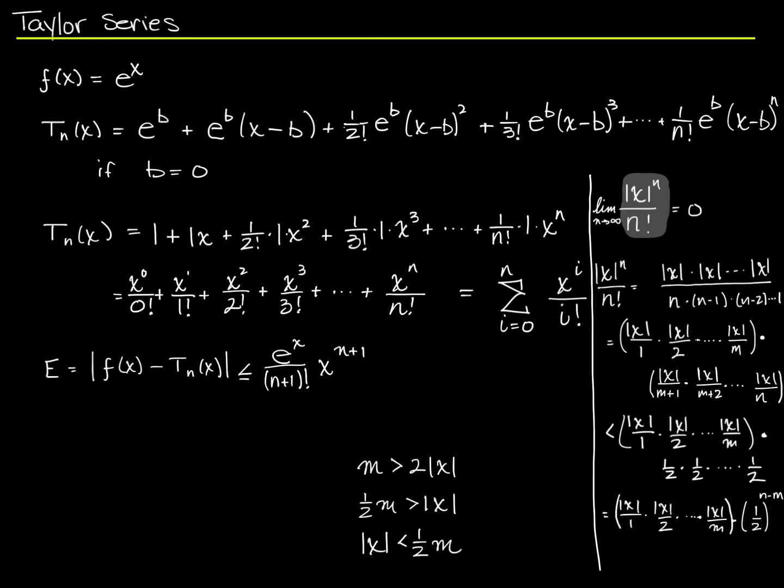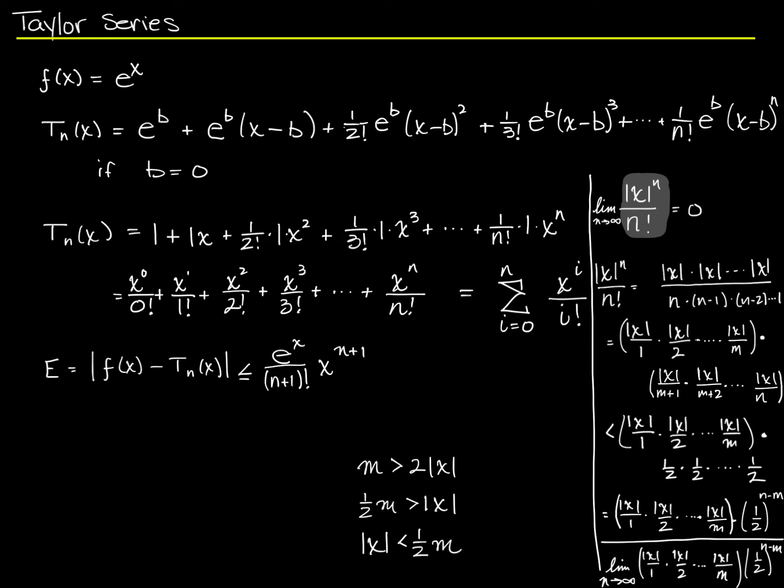So if I take the limit as n goes to infinity of x over 1 times x over 2 times x over m times 1/2 to the n minus m, and the limit of this piece of it goes to 0, then the limit of the whole thing goes to 0.